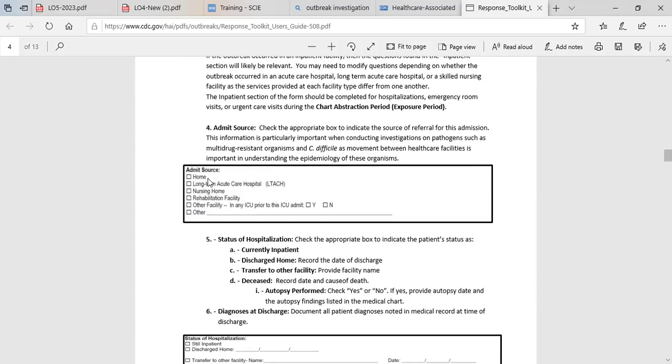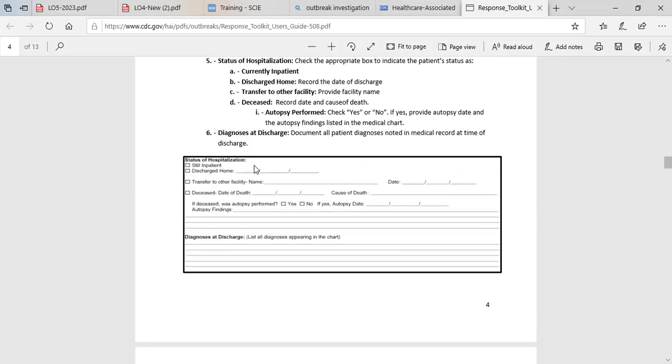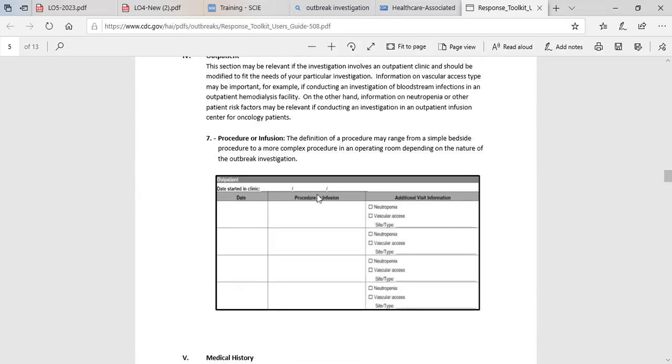You have the admission sources, such as home, long-term acute care, hospital, nursing homes, rehabilitation. Whichever place you're working in, you can include that. You can also record the status of hospitalization, whether they're still hospitalized or discharged, and different diagnoses at that time. Outpatient records can be there.